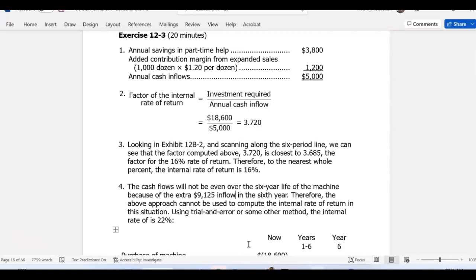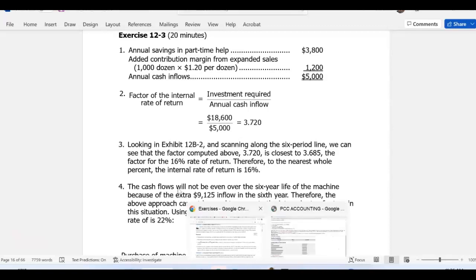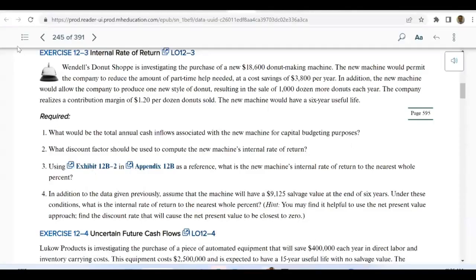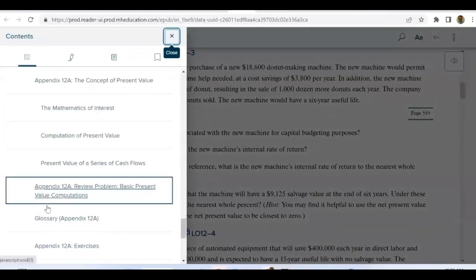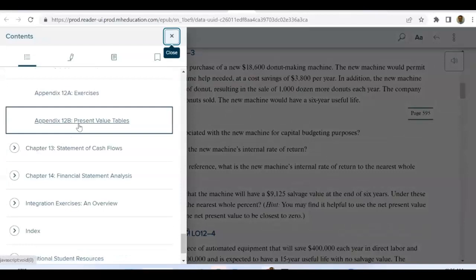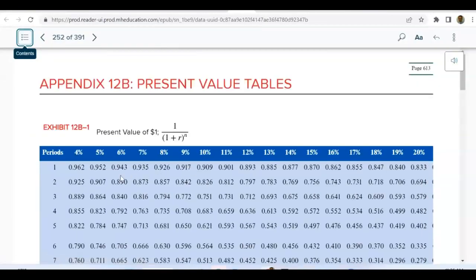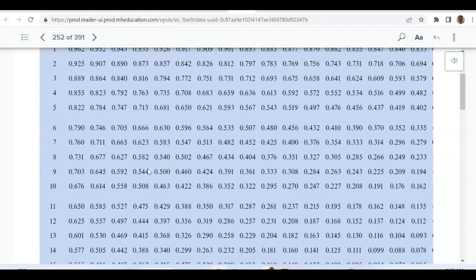So we go back to the present value tables. And then we have a series of payments, a series of savings, 5,000, not savings, additional income. So a series of additional income of 5,000.